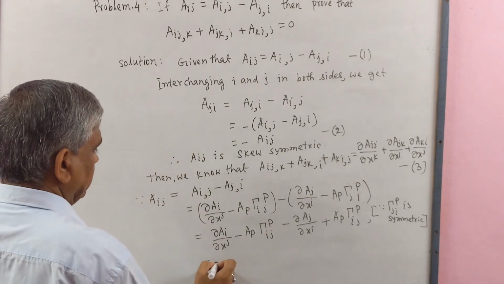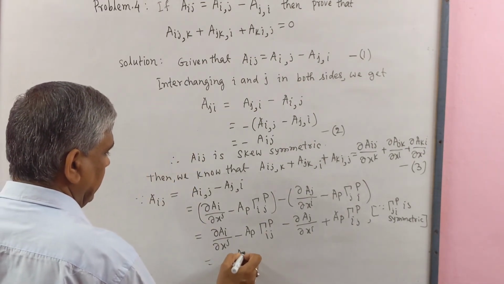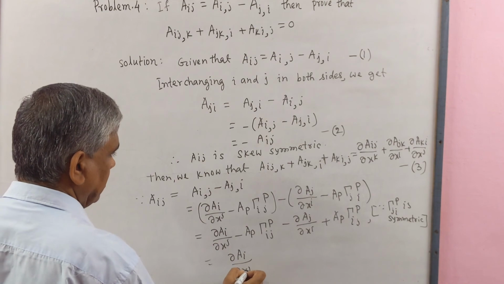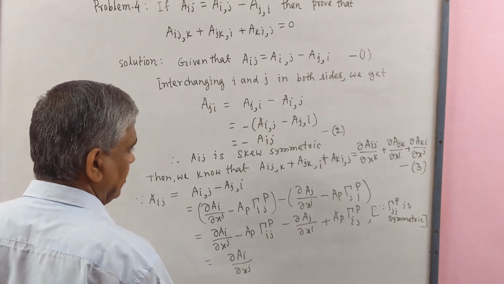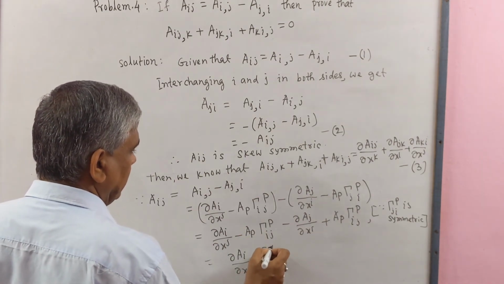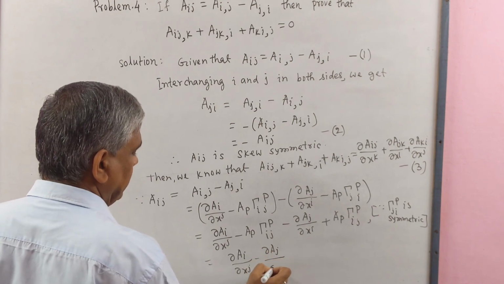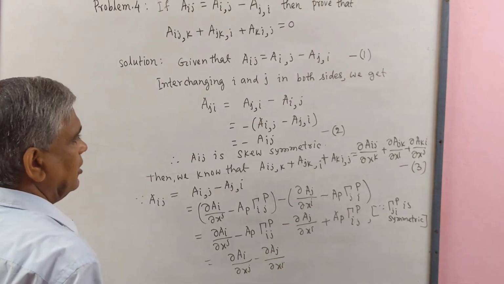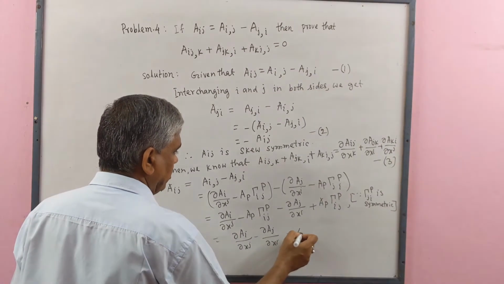So this equal to del a_i by del x^j, this and this cancel, minus del a_j by del x^i. Let this is number 4.